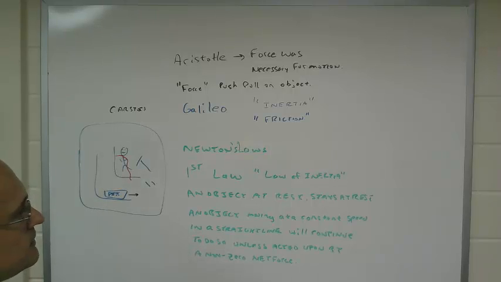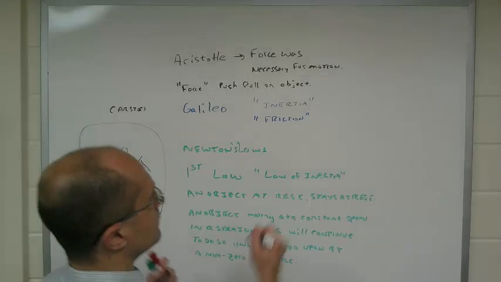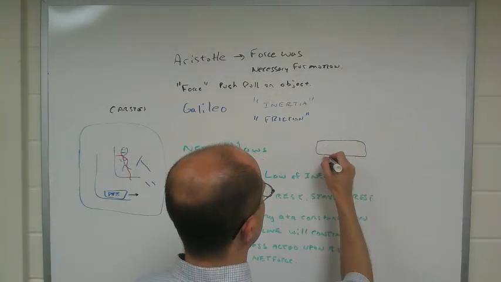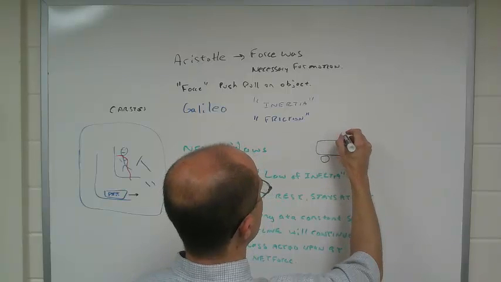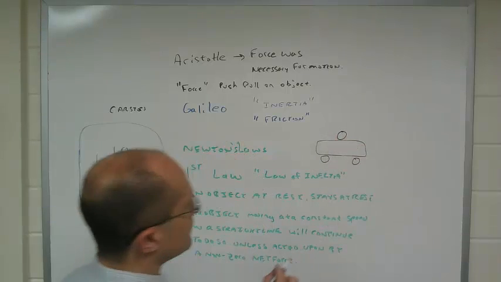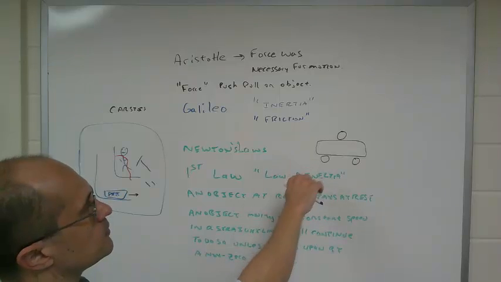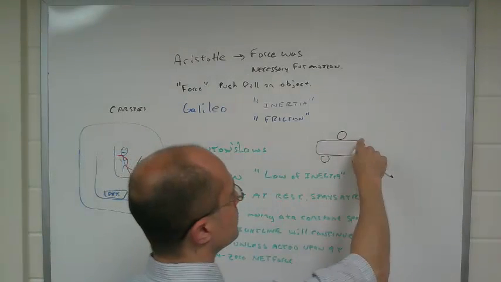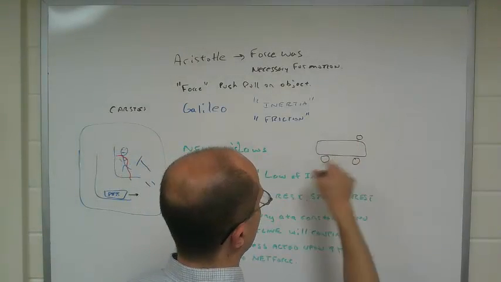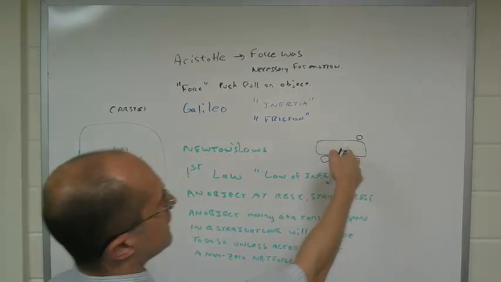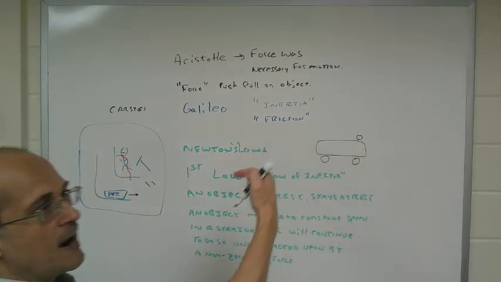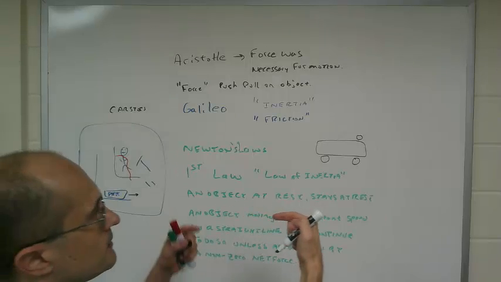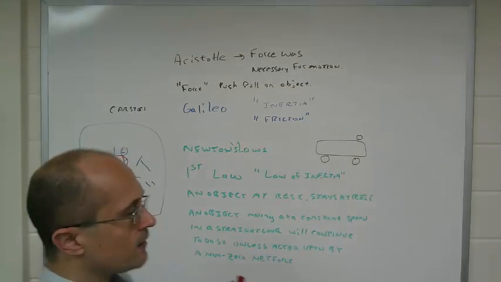And you can actually see this if you get some kind of little truck with some wheels, and you have some kind of loose item that can move around on the top. Put this object at the front, and then you push the car, that object would move backwards, right? Because the car starts to move out from underneath it.